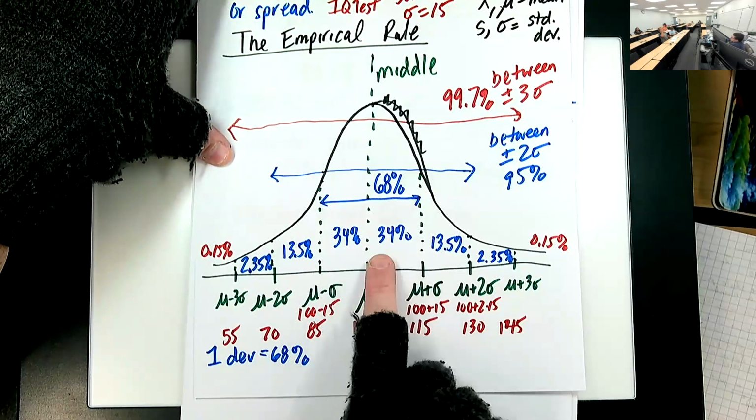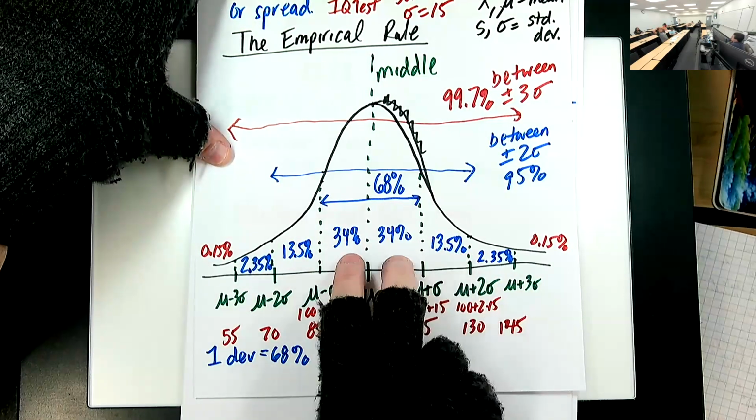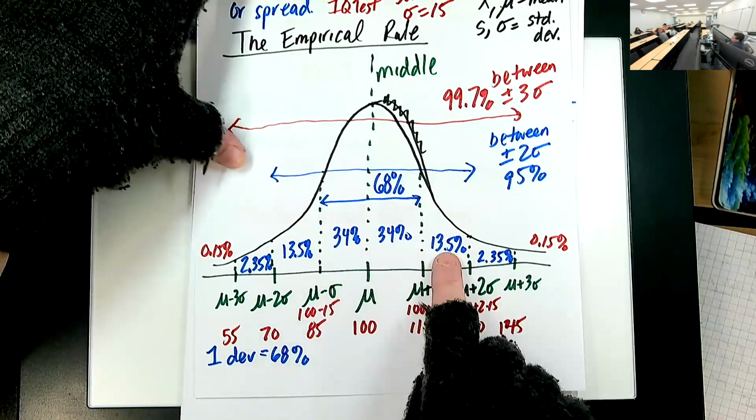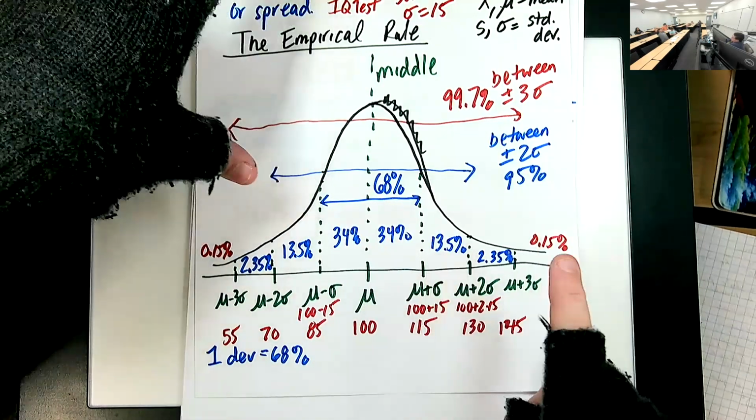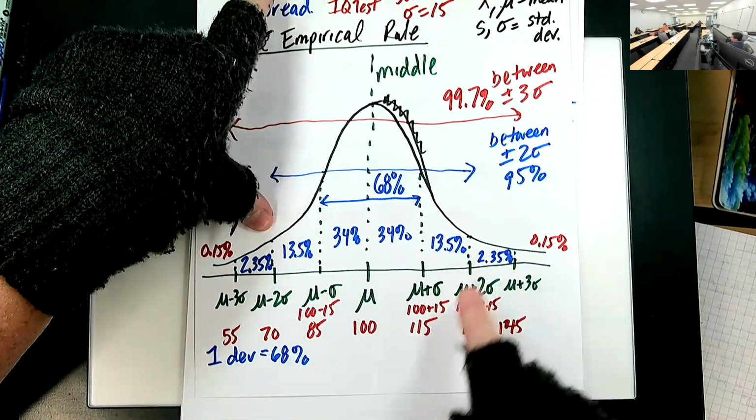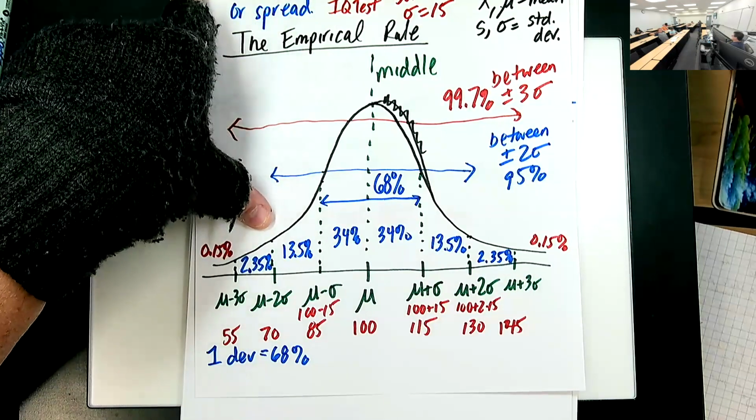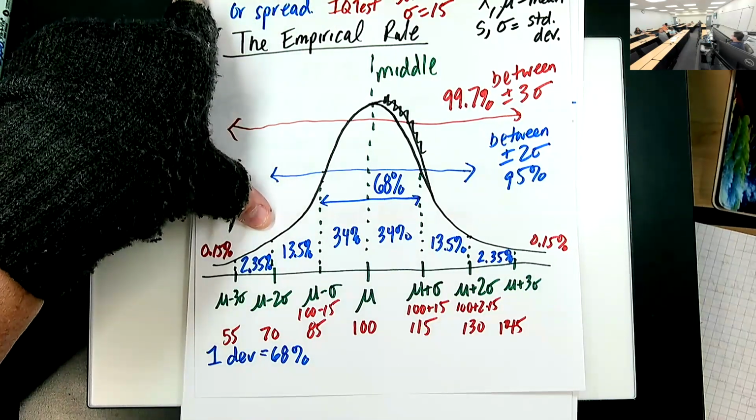Notice that as I go away from the center, the numbers are the same: 34, 34, 13.5, 13.5, 2.35, 2.35. They are memorizable values.